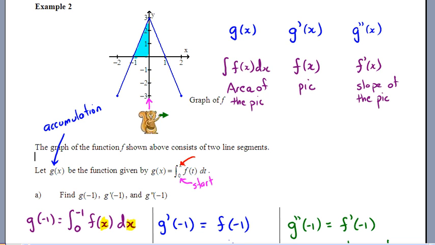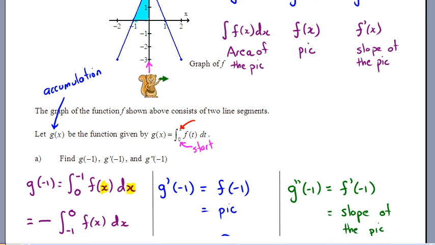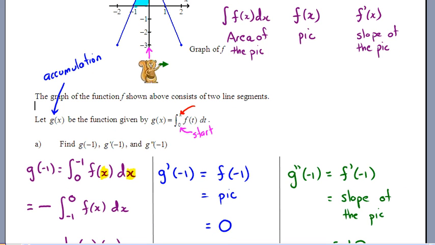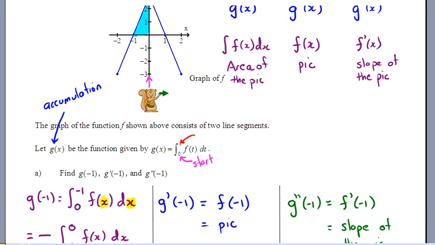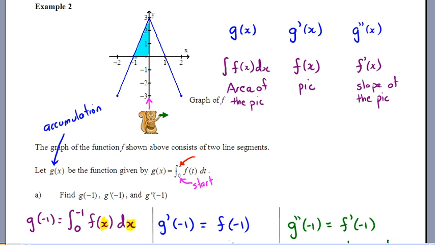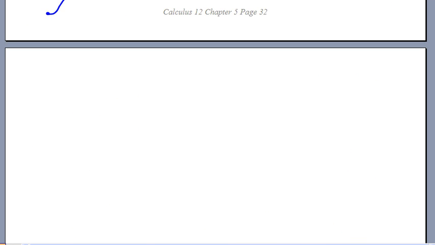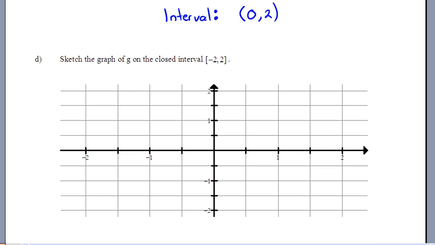So g of 0 would be 0, and we've already found that g of -1 is -1.5. By the exact same reasoning, if the chipmunk was to go forward and start with no nuts and walk this way, it would gather up 1.5. So I've actually got a few points I can put in onto this sketch already.